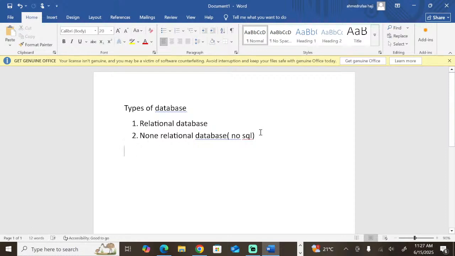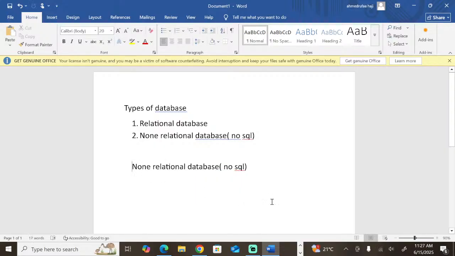And the other one now, non-relational database. It is the opposite. NoSQL.